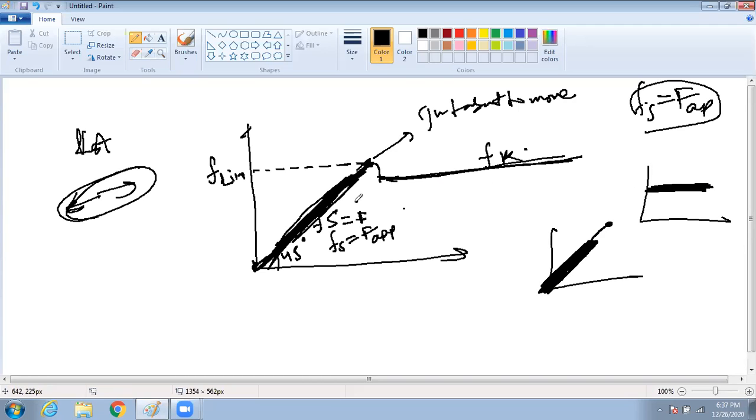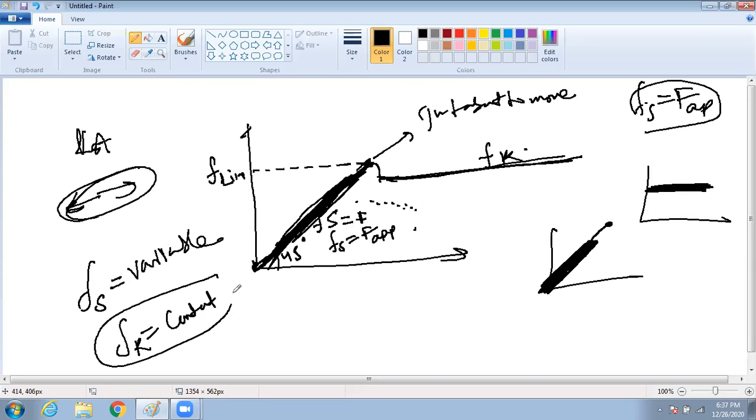That is why from this figure, it is clear that static friction is a variable friction, but your Fk is a constant. Clear? And this is motion.